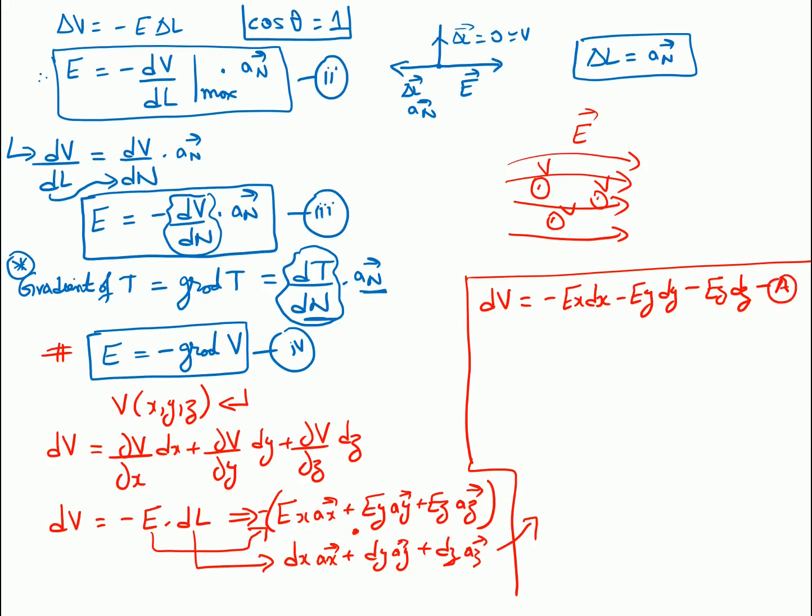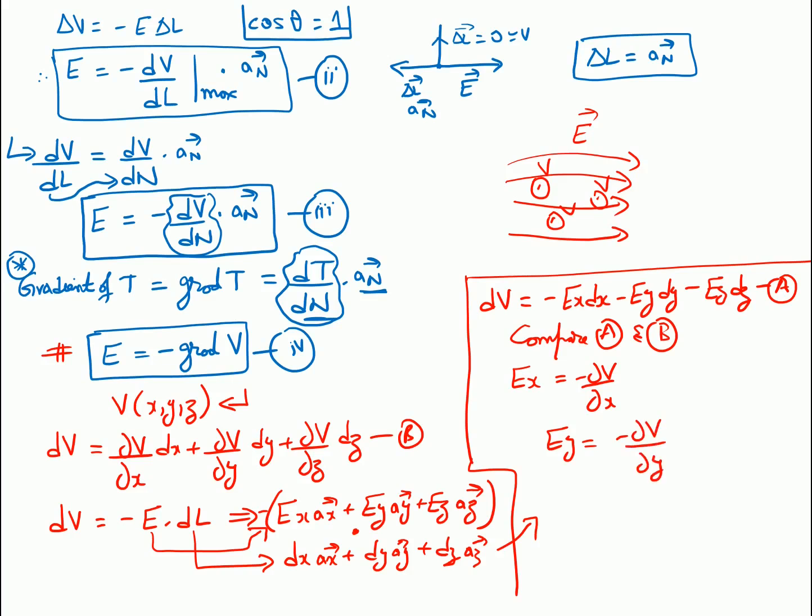Now let's call this equation A and this equation B, and compare A and B to see how dV can be represented. I can immediately say that the value of E_x comes out to be negative partial derivative of V along x. Then E_y comes out to be negative partial derivative of V along y, and E_z comes out to be negative partial derivative of V along z.